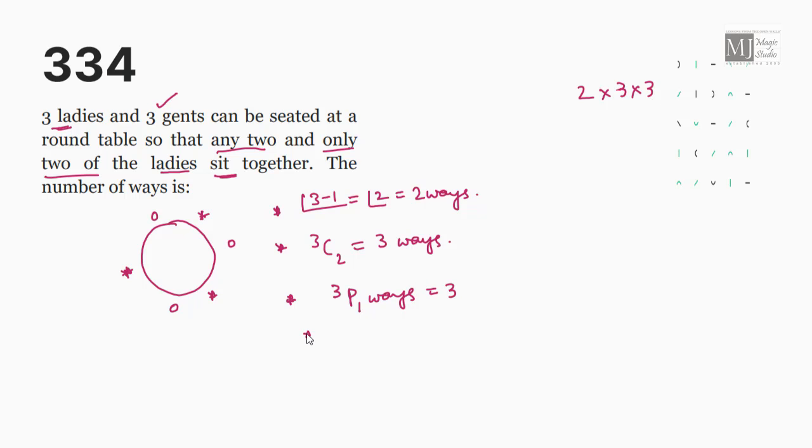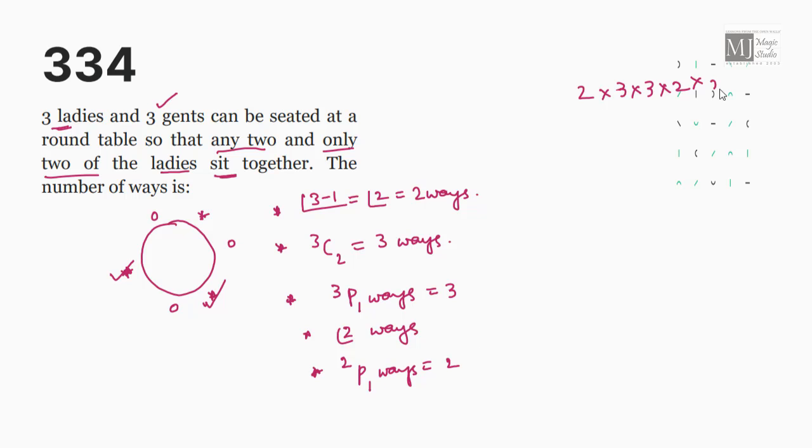Now these 2 ladies which are placed among these three spaces can arrange themselves in how many ways? Factorial 2 ways. That is 2 again. Now we can see that there are 2 vacant places and we need to arrange one lady on these 2 vacant places in 2P1 ways. That is 2 ways.